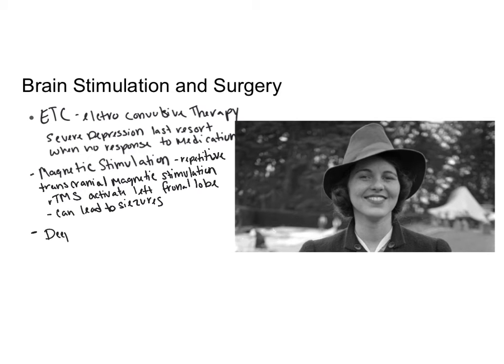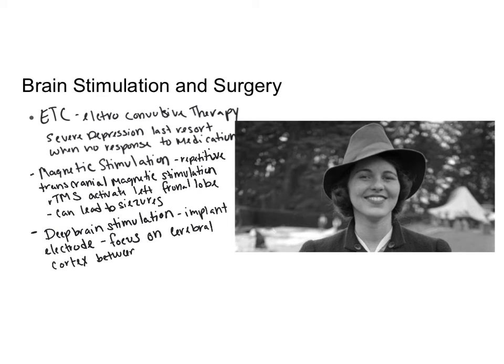Third is called deep brain stimulation. This is where they implant an electrode into your brain in an attempt to focus on the cerebral cortex between your frontal lobe and the limbic system.